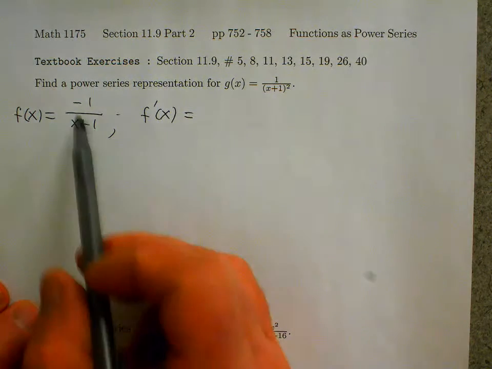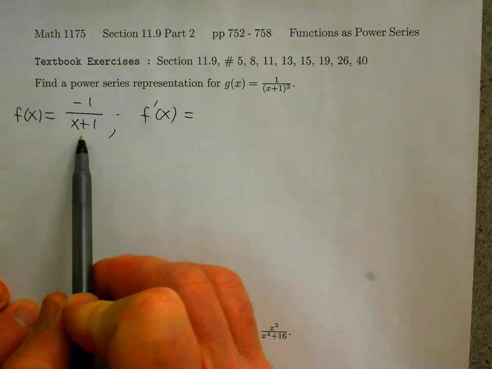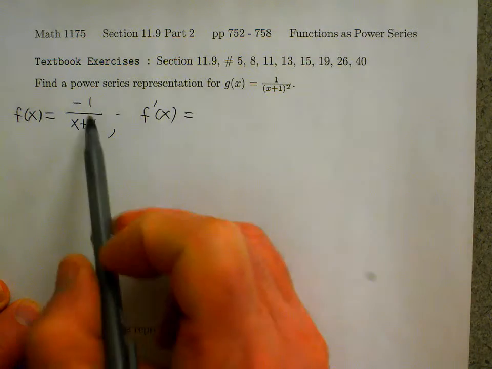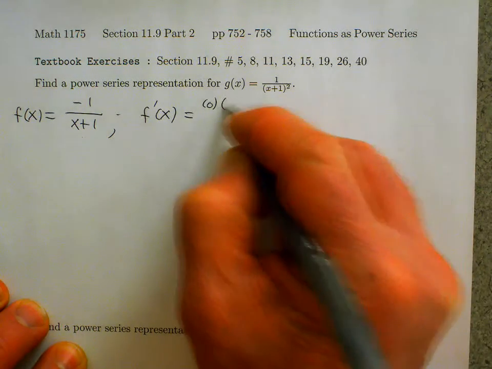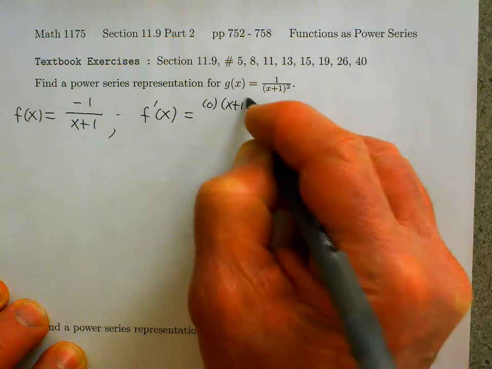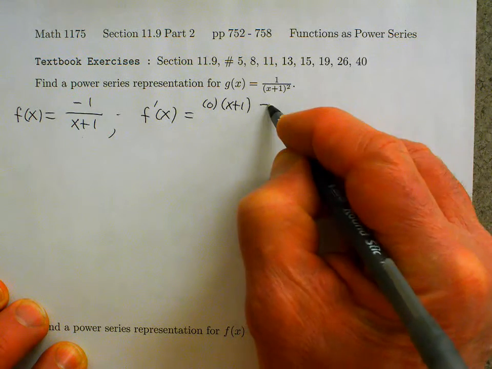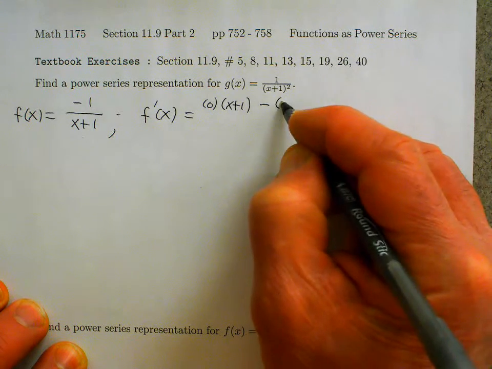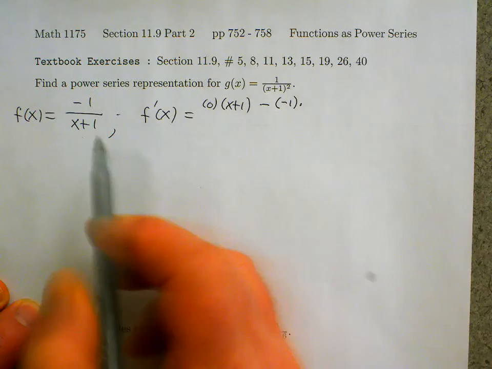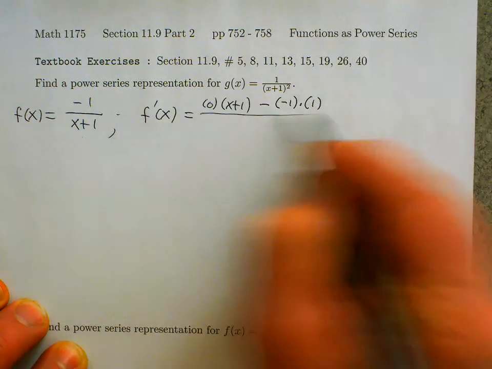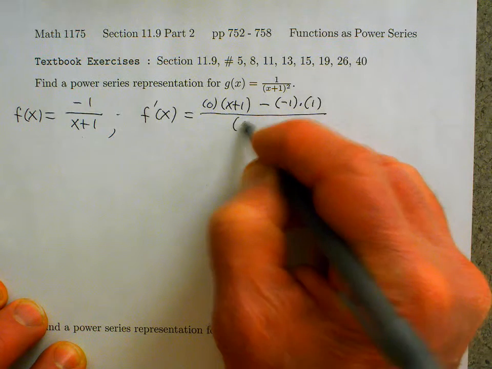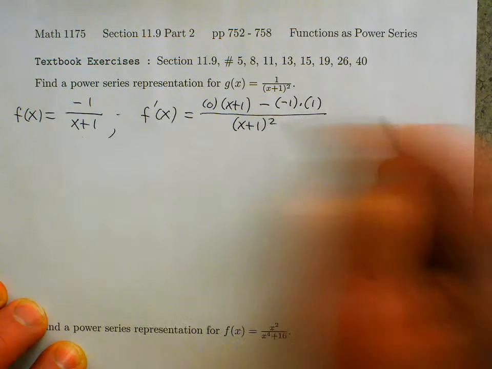But let's go ahead and compute the derivative using the quotient rule. The derivative of negative 1 is 0 times the denominator, x plus 1, minus the numerator, multiplied by the derivative of the denominator, which is 1, divided by x plus 1 squared.